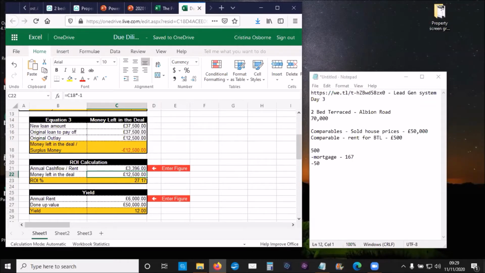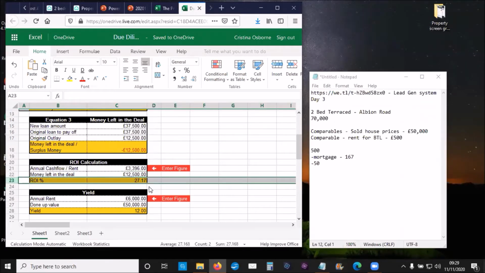Money left in the deal. So in this instance, money left in the deal was simply the deposit that the landlord has paid in order to obtain a mortgage to buy this property. Okay, so in this instance, we've got a decent ROI, I think, at 27.17%.